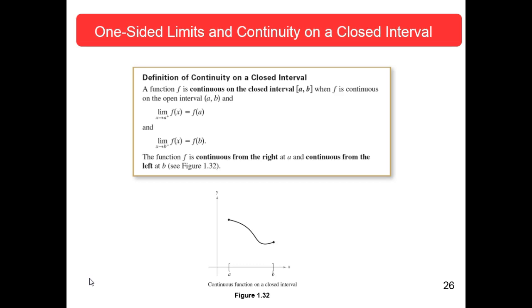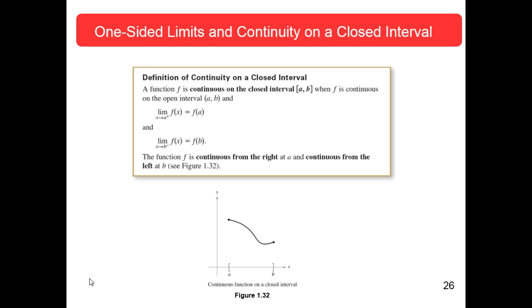So then you can color in the dots here. Before, we had an open circle because we weren't sure what was happening at the endpoint. But if the limit equals f of a here and f of b here, then it's continuous from the right at a and from the left at b. So now we call it continuous on a closed interval.